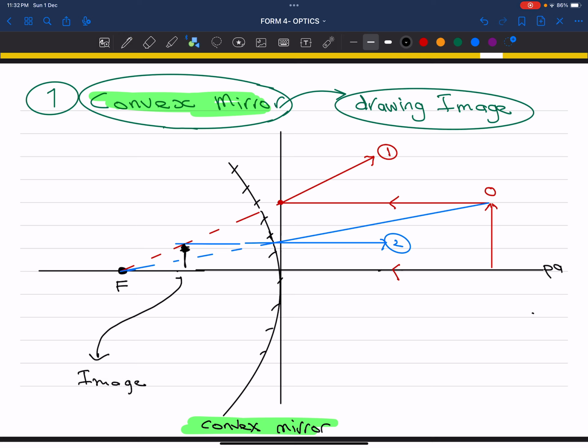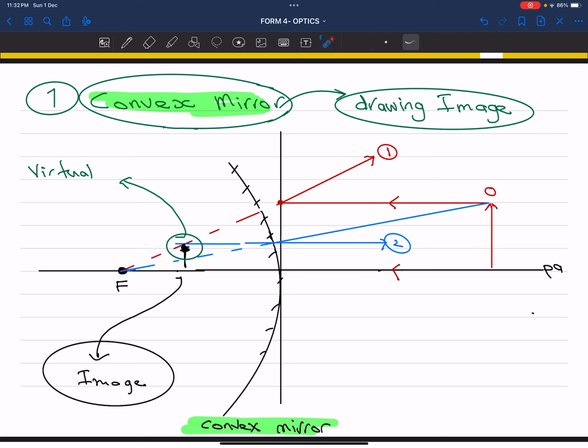And of course, if you notice carefully, this is the intersection of broken lines. The intersection of broken lines is telling us that the image is virtual. How do we know it is virtual?